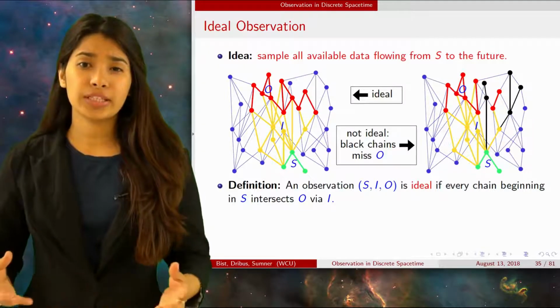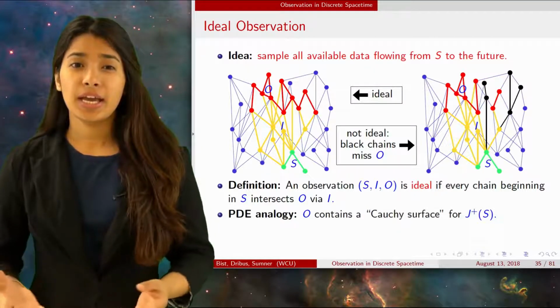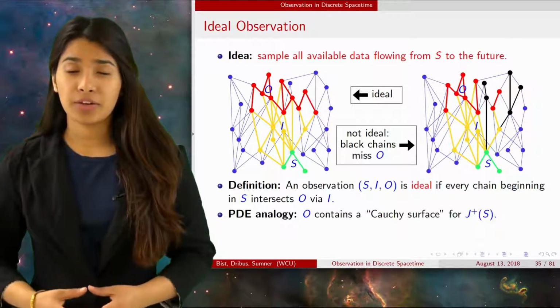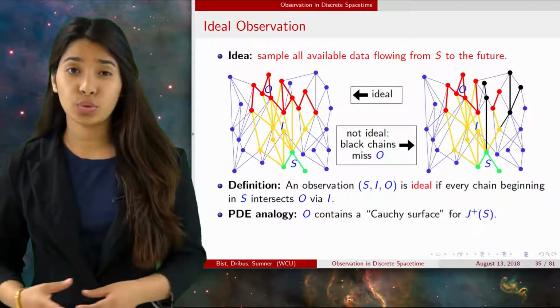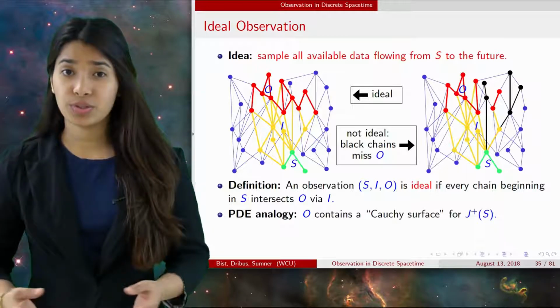There's a helpful relativistic analogy here, which actually extends to a somewhat more general setting in the study of partial differential equations. A relativistic spacetime manifold is called globally hyperbolic if it contains a spatial section, called a Cauchy surface, which intercepts all the information flowing from its past to its future.